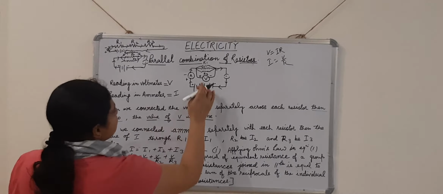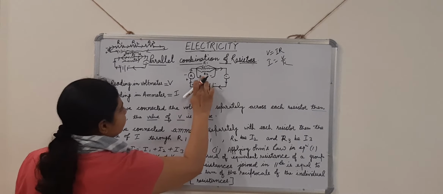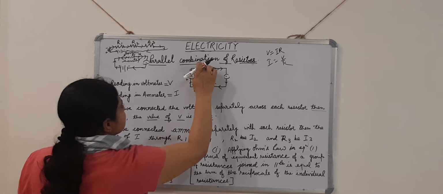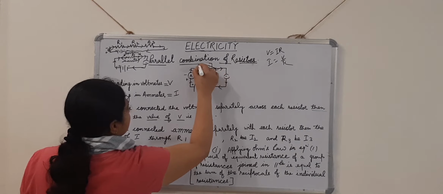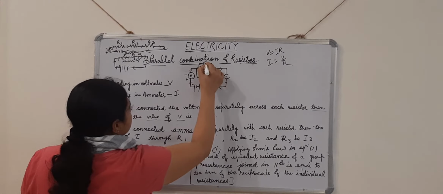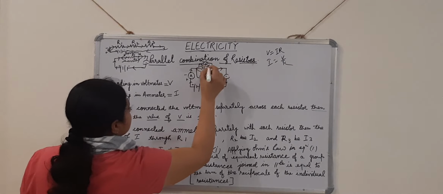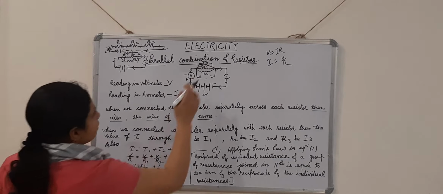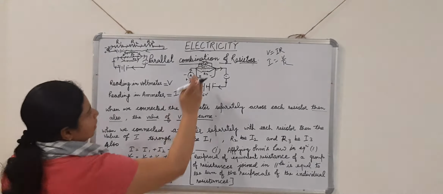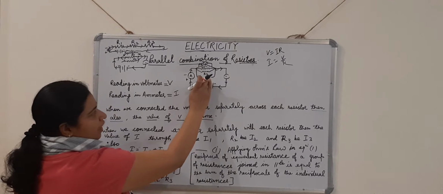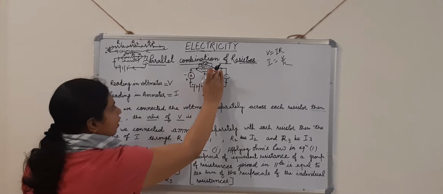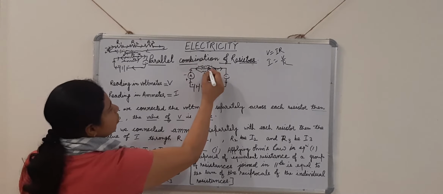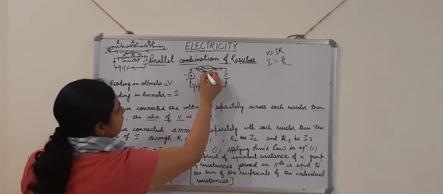Suppose I remove the voltmeter from here and connect it only across resistor 1. I note down that the value of V is the same as it was earlier. Now I remove the voltmeter from this and connect it across the second resistor.